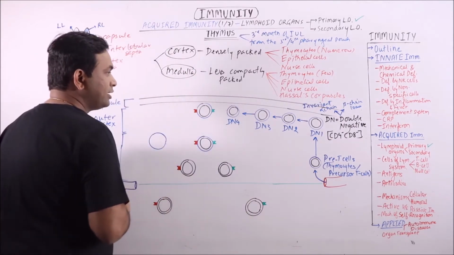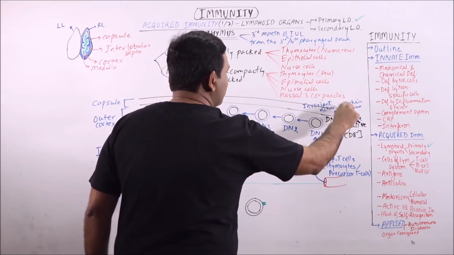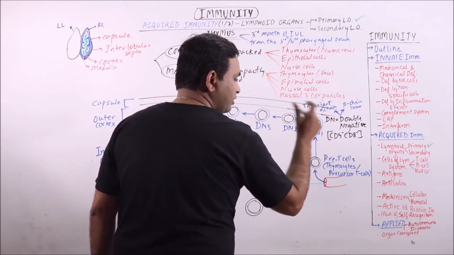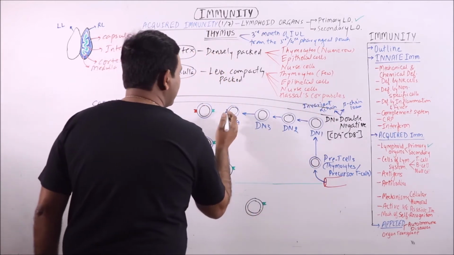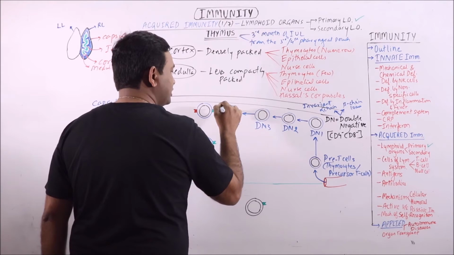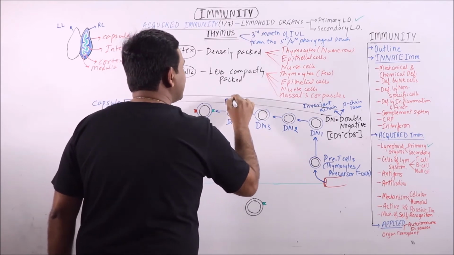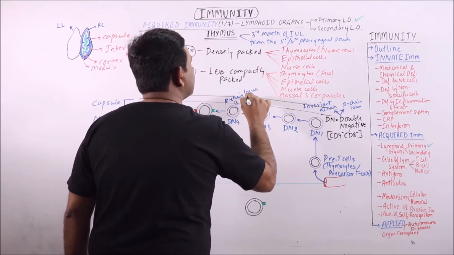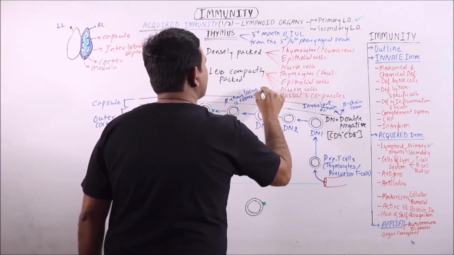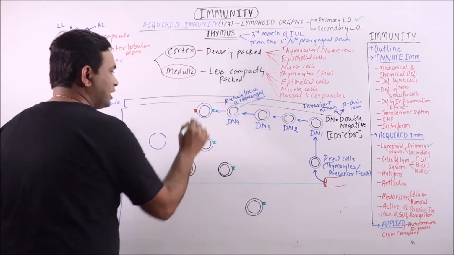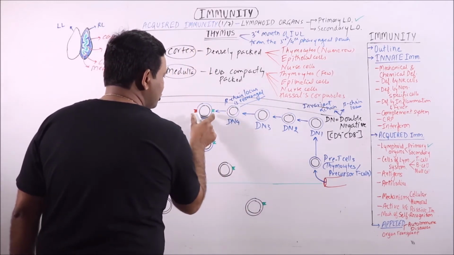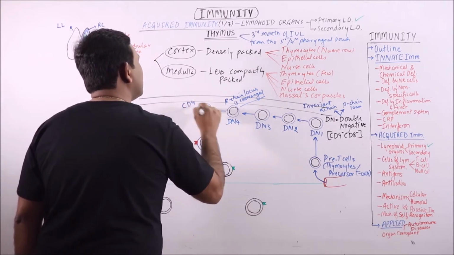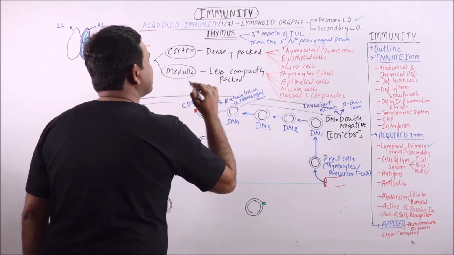Finally in DN4, beta chain locus will rearrange and the alpha chain and beta chain will make a pair. So if beta chain locus is rearranged, then the pair is formed, and if this pair is formed, then two types of surface receptors will develop, that is CD4 and CD8.